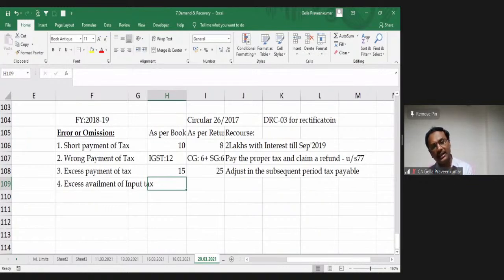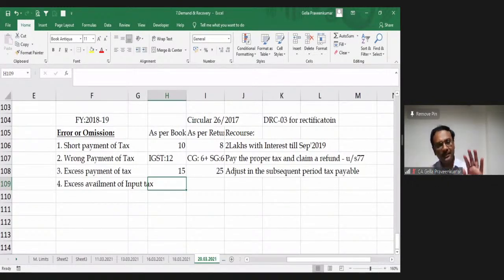These days, still, I would say 60% of the registered persons who are in the Mofussil area don't depend on accounting software. They have manual bookkeeping, or they have accounting software but compile the data in an Excel file and give it to the auditor for filing of returns. In the auditor's office, when the junior is punching the data, in a particular month 15 lakhs was punched as 25 lakhs.